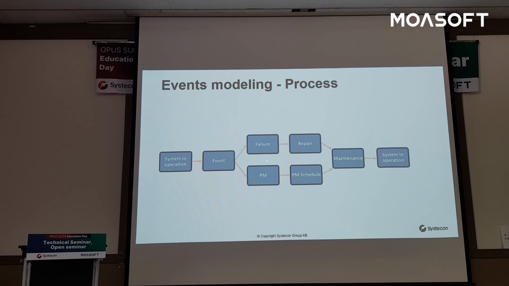It doesn't matter what type of event. But for the PM, we have a PM schedule telling us what type of activity or measures we need to take in order to make the system operable again. Okay, so the maintenance helps us to do that. Once we perform the maintenance and it's finished, we can go back into operation again.